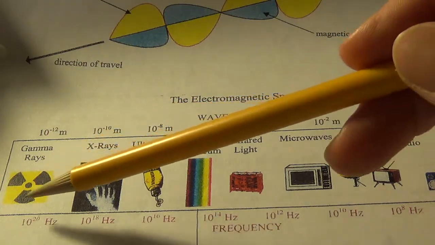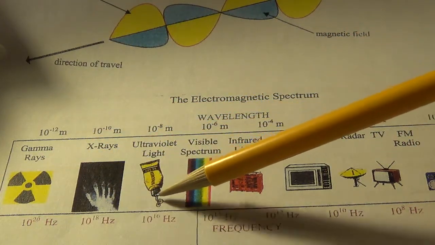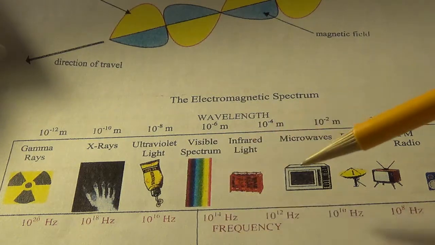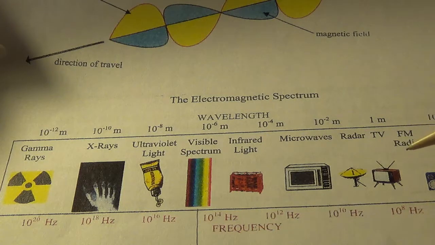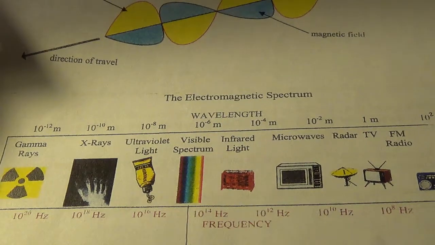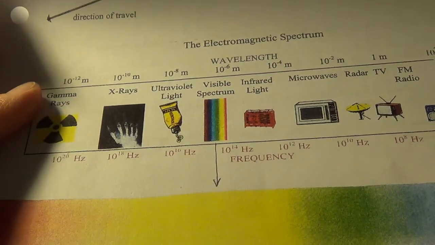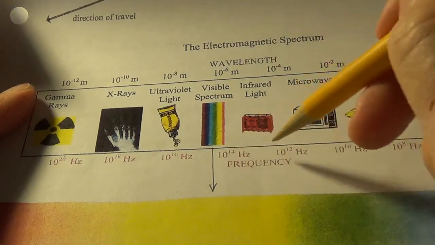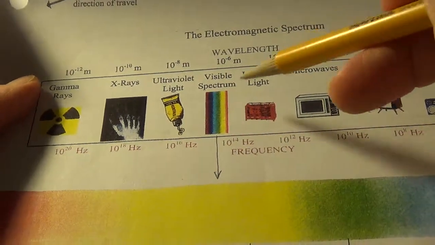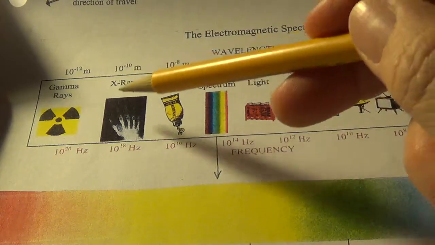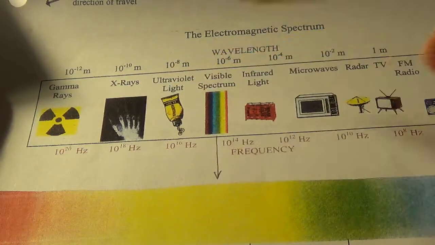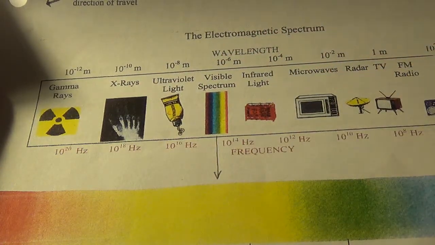So we're going through gamma rays, X-rays, ultraviolet light, visible light, infrared light, microwaves, radar, TV, radio, FM radio, and AM radio. So you can see the little chart there, and here where we talk about frequency. This part right in here, which is the visible light, we can see, but our eyes can't pick up these various other ones.